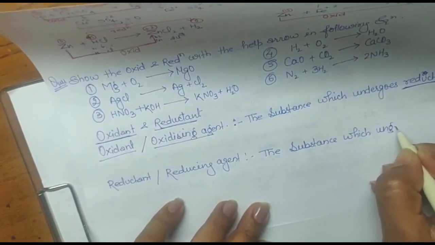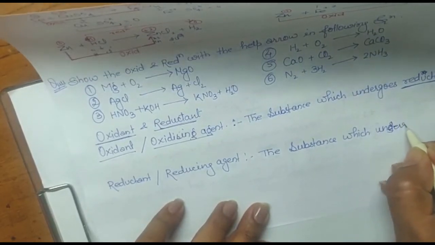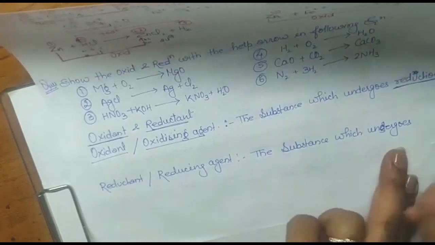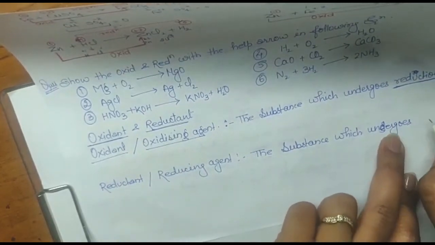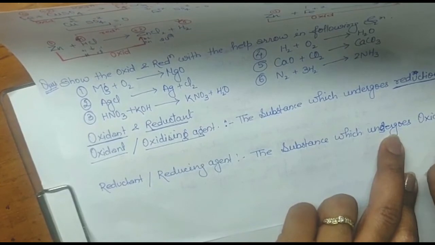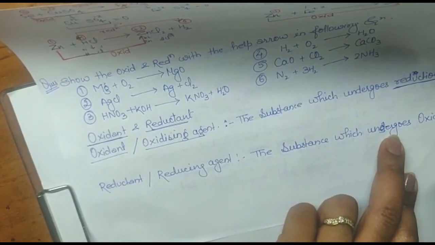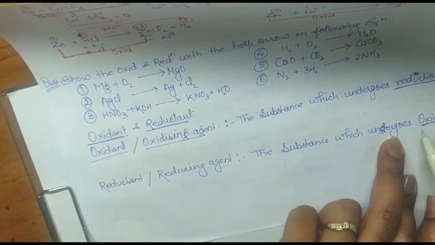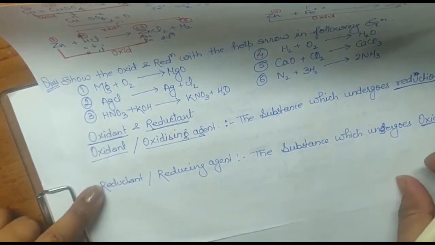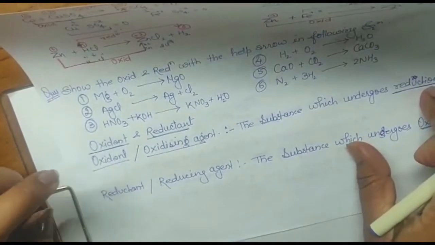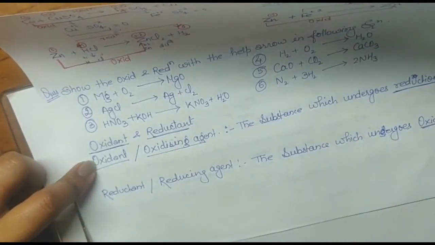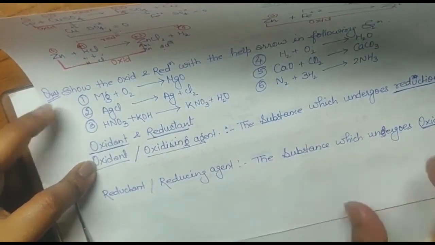If it is a reductant, it should undergo oxidation. तो जिसका oxidation, got it? Oxidation. तो जिसका oxidation होगा that will be reductant, और जिसका reduction होगा that will be oxidant. It's a very important thing, you have to note it properly.